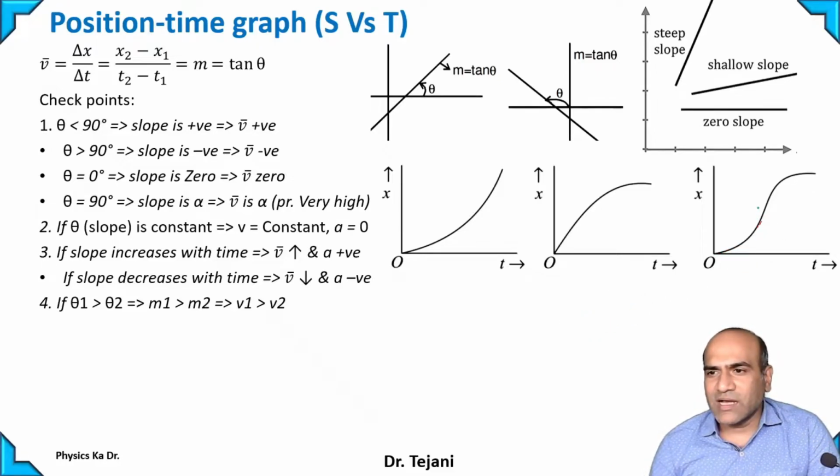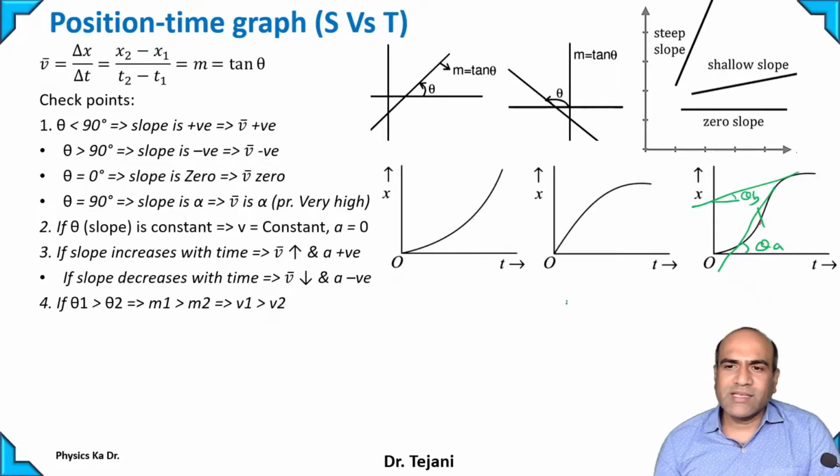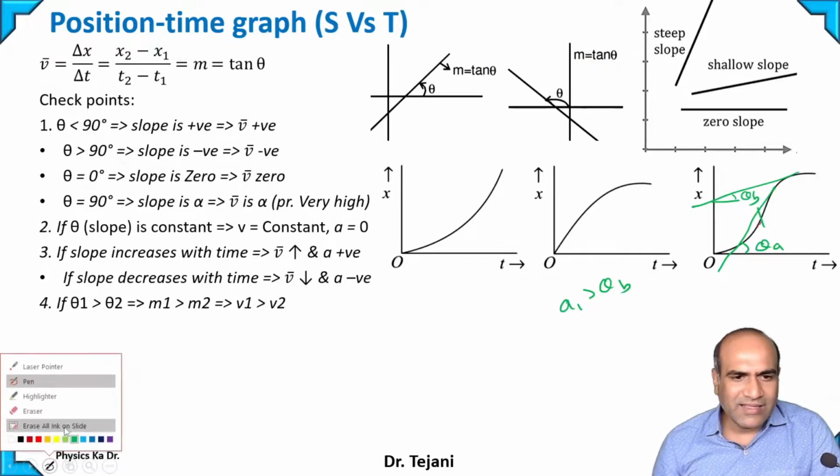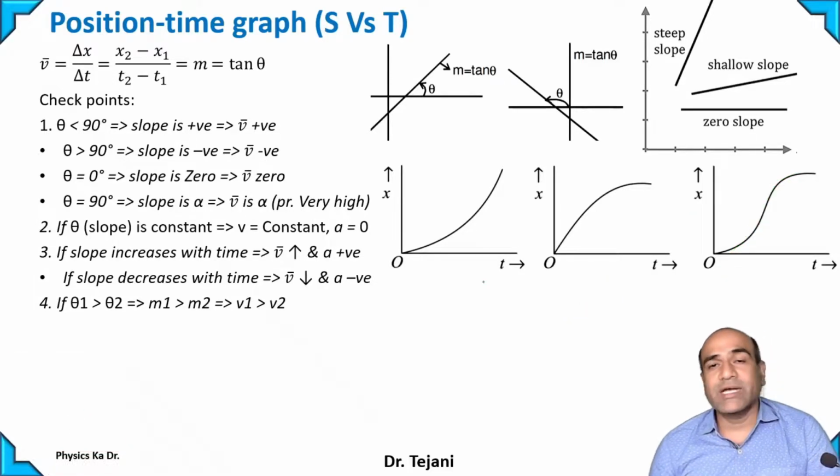And for this other half, let's take one tangent here and another here. This becomes theta A, this becomes theta B. Can I say theta A is greater than theta B? That means the angle decreases, velocity decreases, negative acceleration.